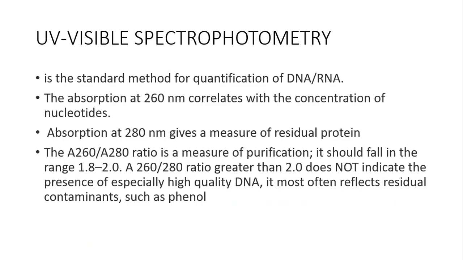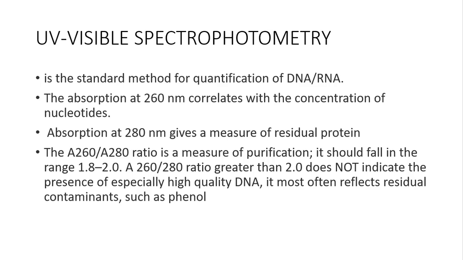Using UV-visible spectroscopy or spectrophotometry, we are able to quantify DNA and RNA, and at the same time understand their purity. As I said, DNA absorbs at 260 nanometers, because the nitrogenous bases are highly conjugated.